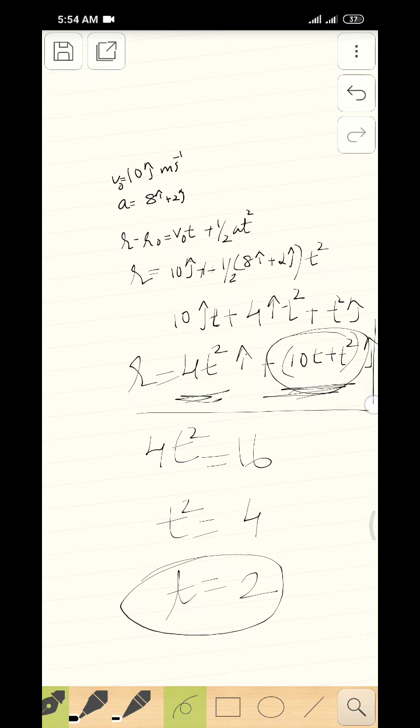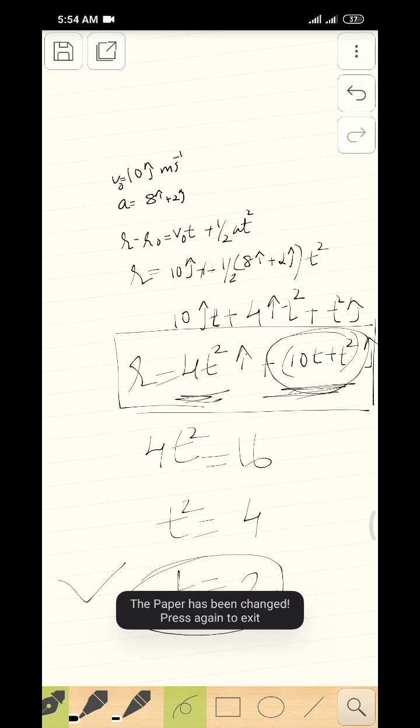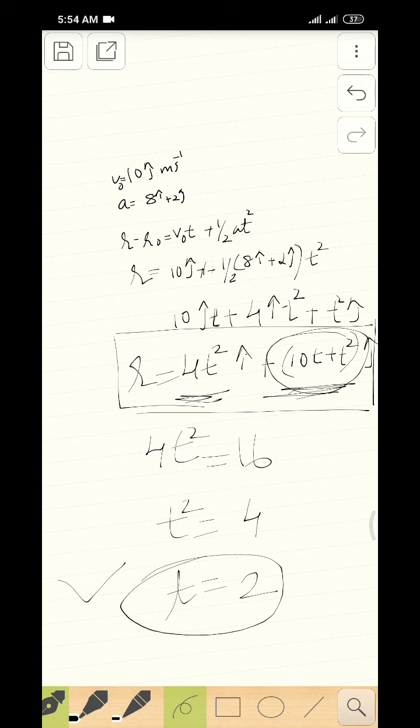You have to differentiate this r value, then you can obtain the velocity value. So differentiate this r as we have done in the previous question. Then you will get the v value and substitute the value of t that you have found, that is t is equal to 2. Substitute that value, then you can obtain the value of velocity.